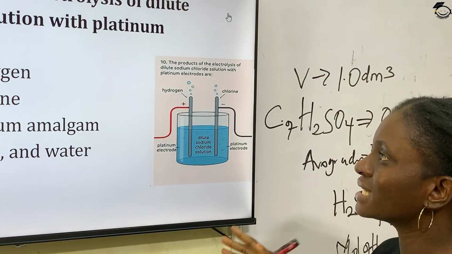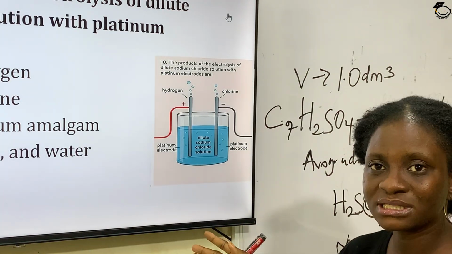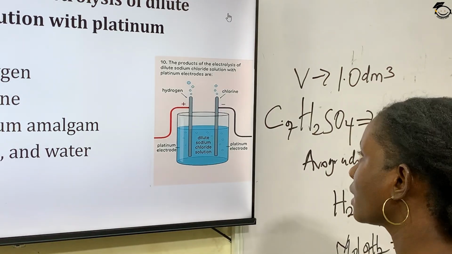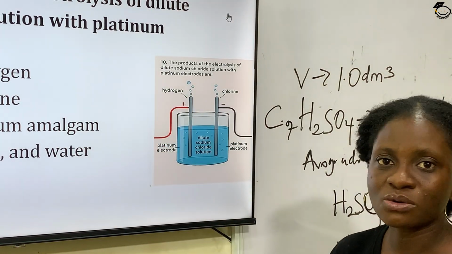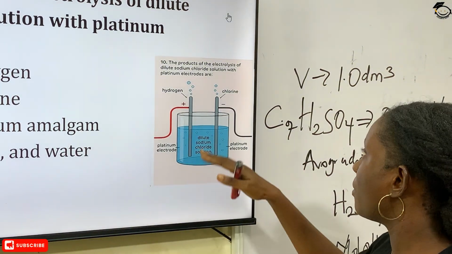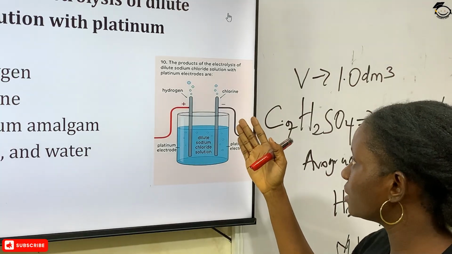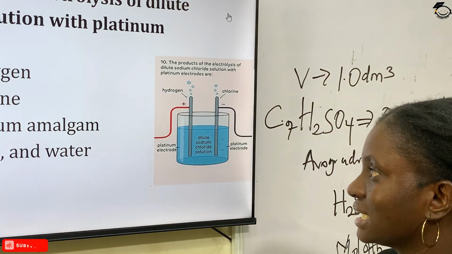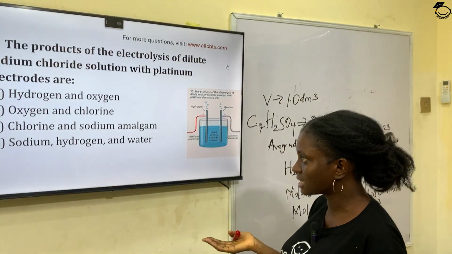But looking at it, it was mentioned that the sodium chloride solution was diluted. Normally, hydrogen is emitted at the positive side, but at the negative side, we can have oxygen. So the correct answer is hydrogen and oxygen.